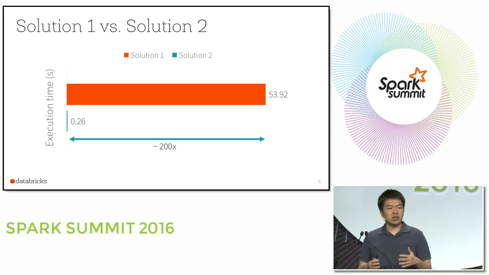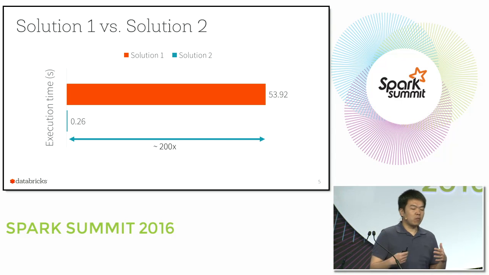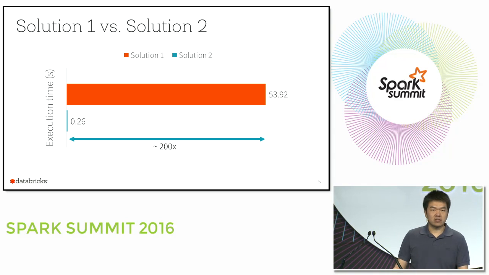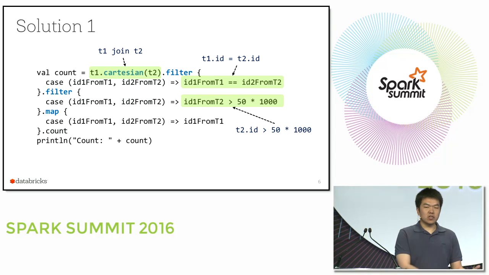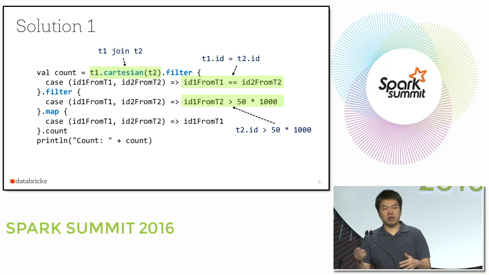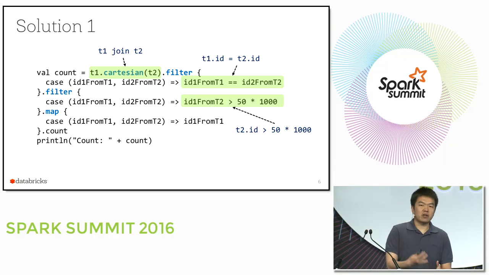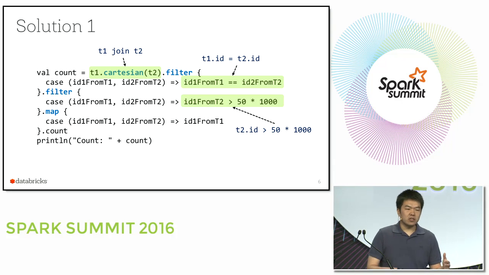So what is the reason for that? Why is there a 200x difference? Let's look at the code again. In the first version, we have Cartesian, and we apply the filter. So basically, we generate the Cartesian product at first, without knowing what predicates we want to use.